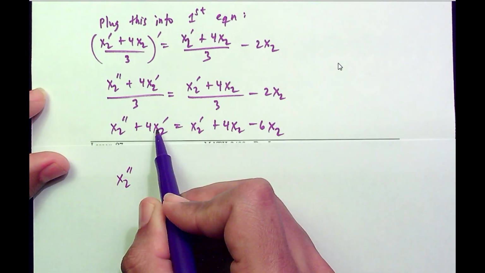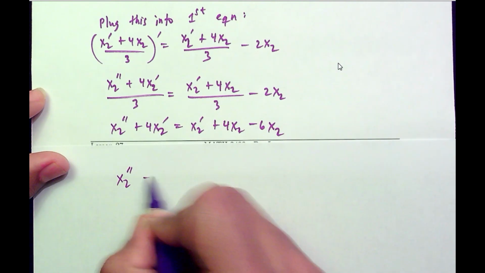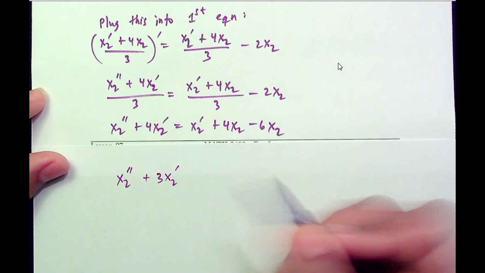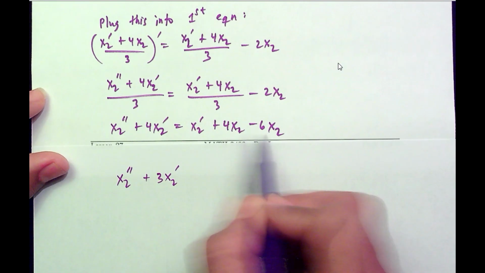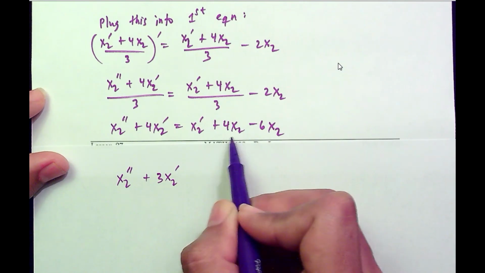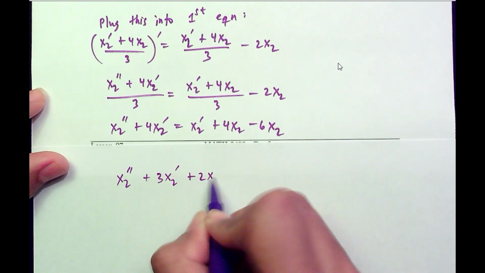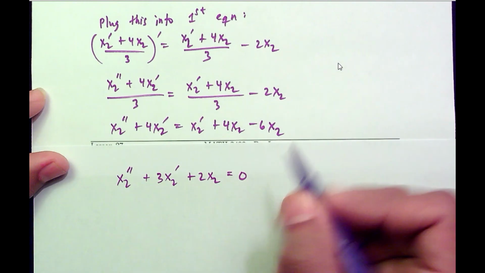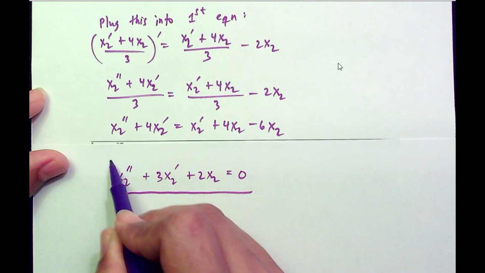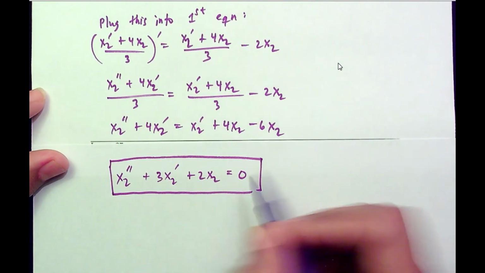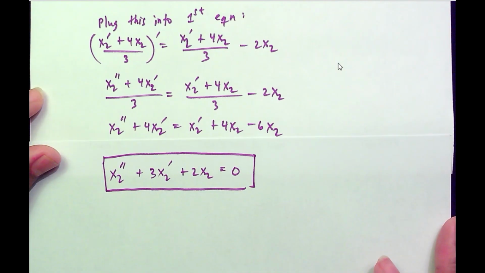Moving this to the other side, to the left, you're going to get 4x2 prime minus x2 prime. That's plus 3x2 prime. And then combining these two, you get negative 2x2, and then when you move it, it's going to become positive. So 2x2 equals 0. And that is the system transformed into a single differential equation in terms of x2.